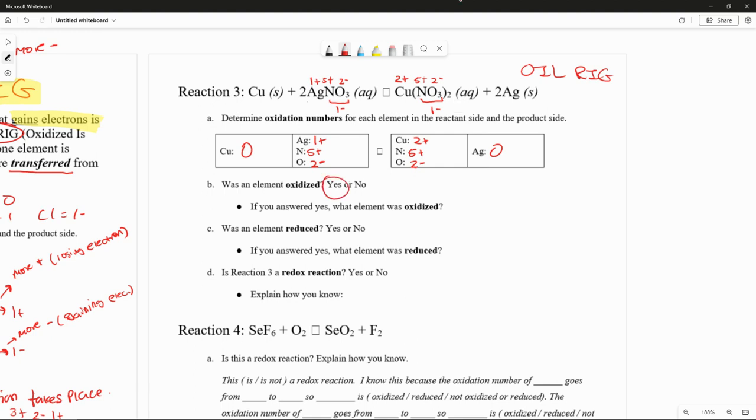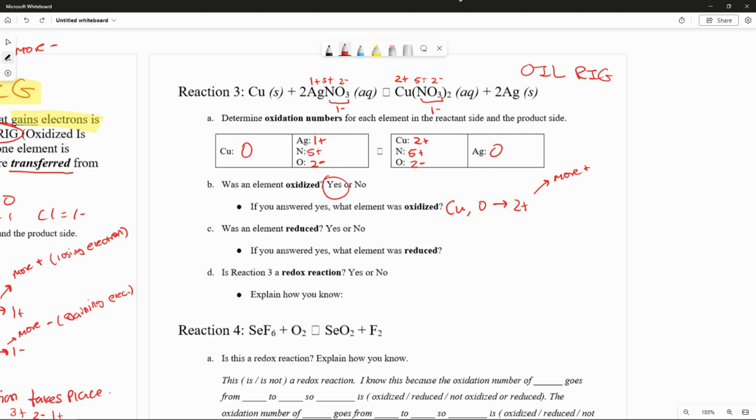So something was oxidized, and that was copper, because you're going from an oxidation number of 0 to a 2 plus. In this process, we are losing electrons, which makes it more positive. So we know that Cu, copper, is oxidized.